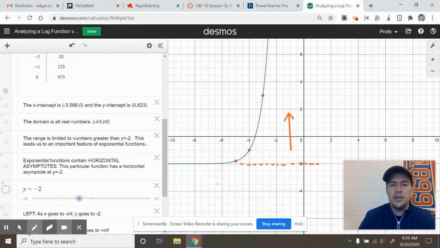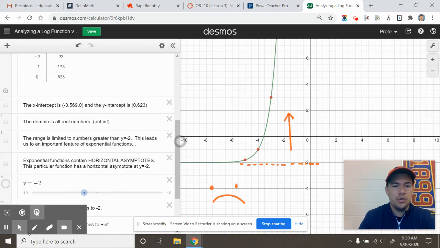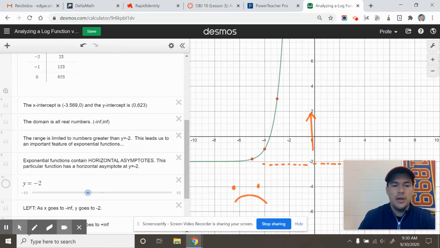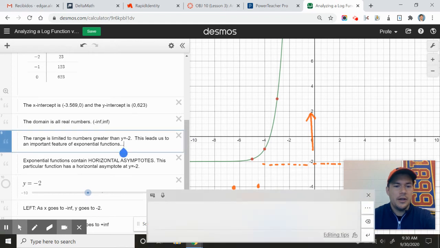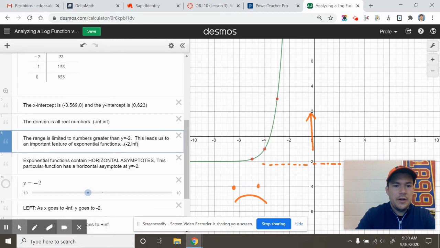All right, you never get anything here. Okay, so the range therefore is going to be -2 to infinity, and we should write that. Okay, that's going to be -2 to infinity.